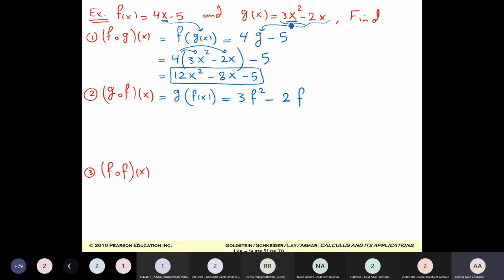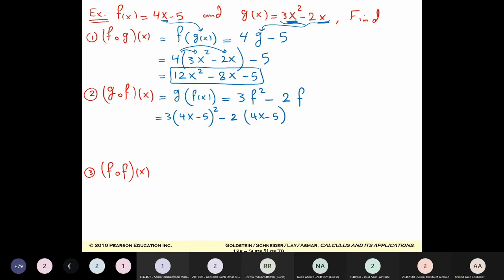So replace x with f. Okay, what's the value of f? f equals 4x minus 5, so 3 times (4x minus 5) squared minus 2 times (4x minus 5). This is the value of f. Replace f with the brackets 4x minus 5.